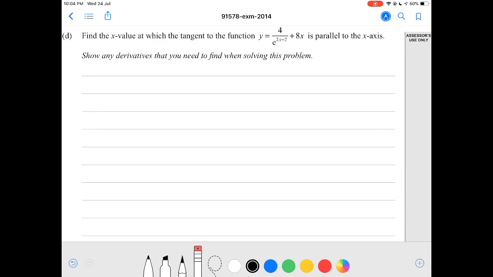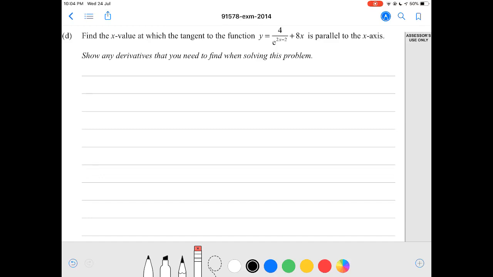In order to differentiate, last year in level 2, if you had fractions, for example 4 divided by x, you could move the x back up, and that becomes y equals 4 times x to the power of negative 1. But in this case, you can't move e to the power of 2x minus 2 up like you did with the x.